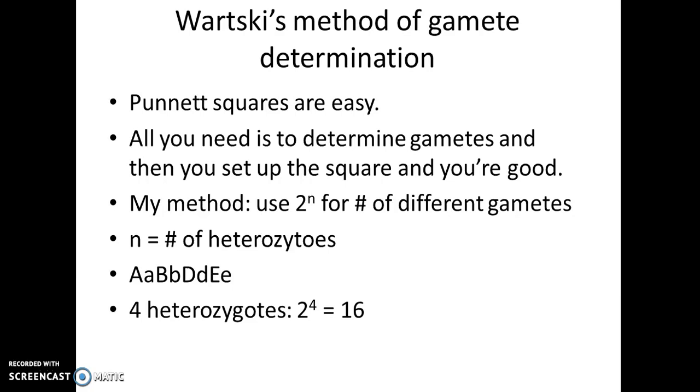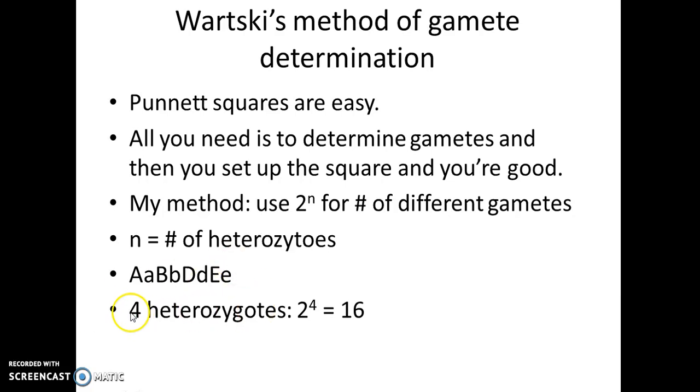So my method is, the total number of different gametes is 2 to the n, where n equals the number of heterozygotes. So I'm going to do big A, big B, little b, big D, little d, and big E. Why not C's? Because capital C's and small c's are really hard to see.